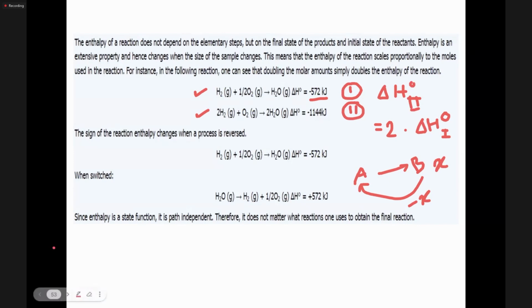Now we will move towards the discussion of very important terms, that are enthalpies of different types of reaction. So we have to see what are the enthalpies of different kinds of reaction. In chemistry, we have different classes of reaction.